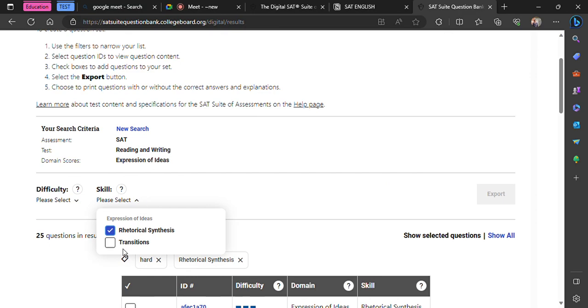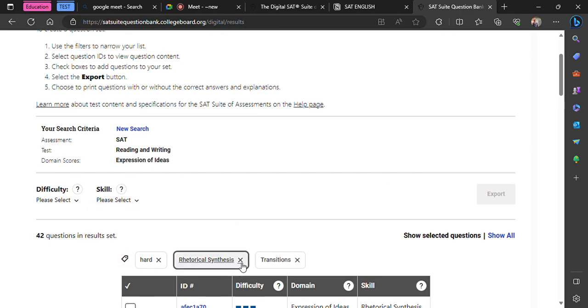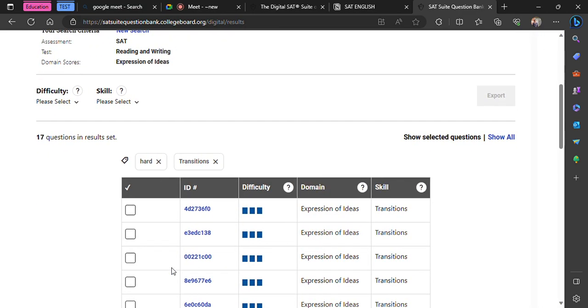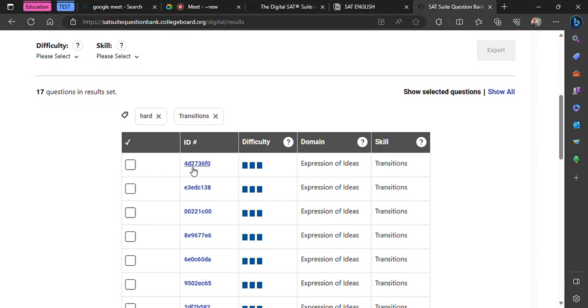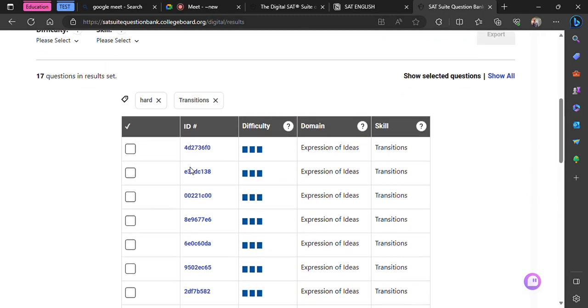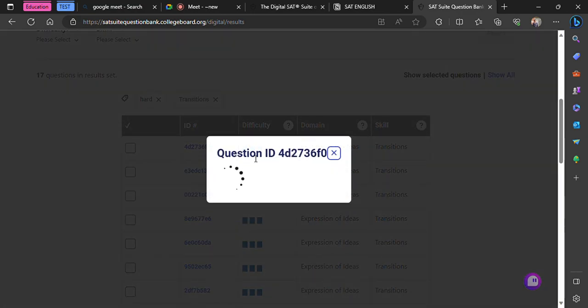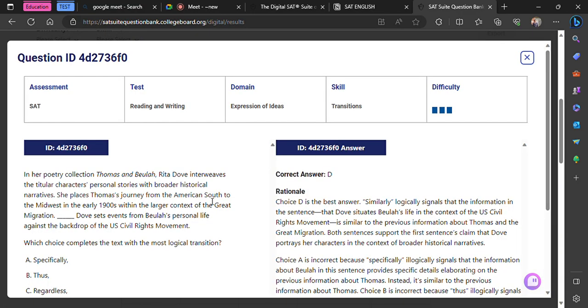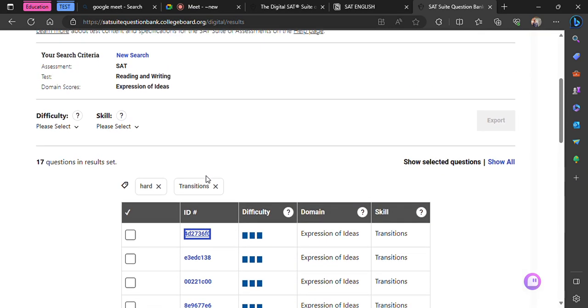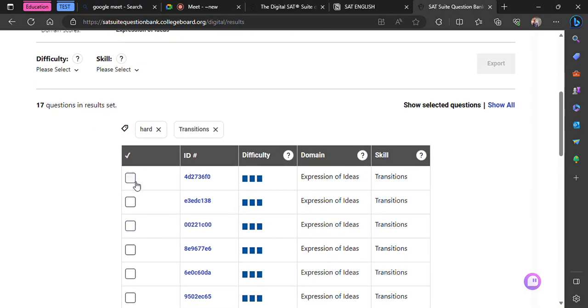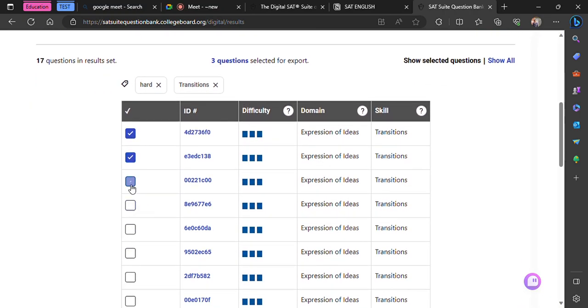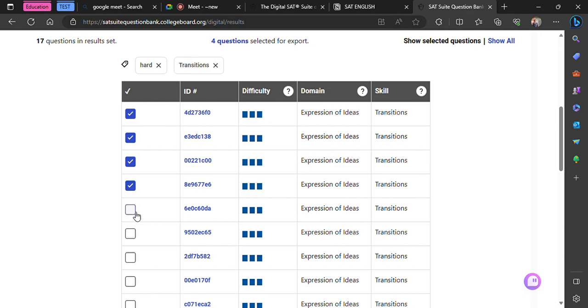So we are going to be having the transition questions, and these are the relatively harder questions for the transitions part. And here we go. But in fact, let me just create a PDF out of these transition questions, and then we can practice these questions.